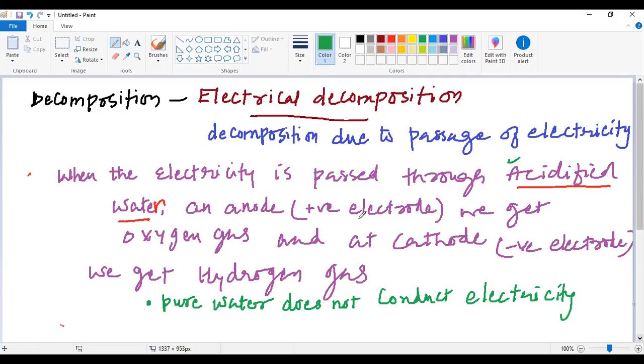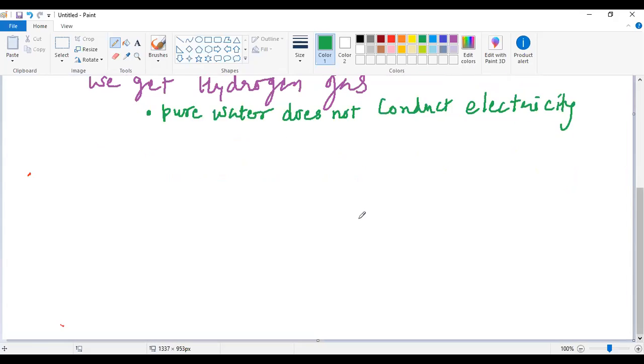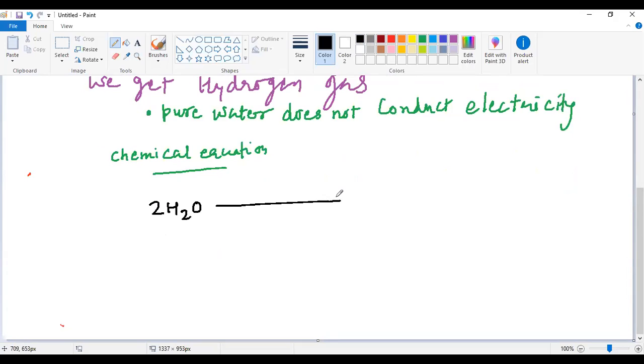Now, my dear students, during these reactions, what happens? We will get the decomposition of water. So let us write the chemical equation for this reaction. When we write the chemical equation, we just pass electricity to the water. The formula for water is H2O.